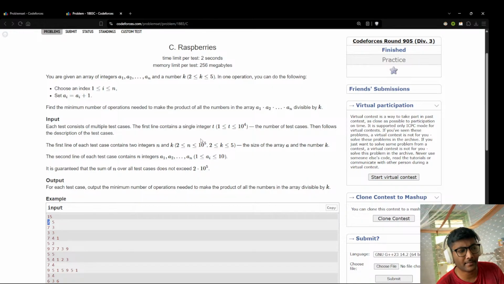Calculate distances from every element, and it says that AI is up to 10. So it's not like AI will be very big integers.